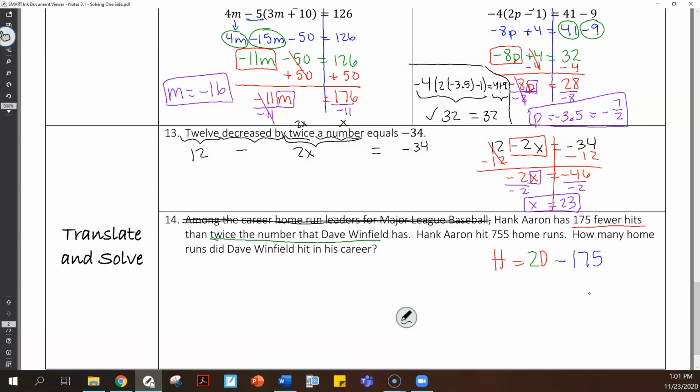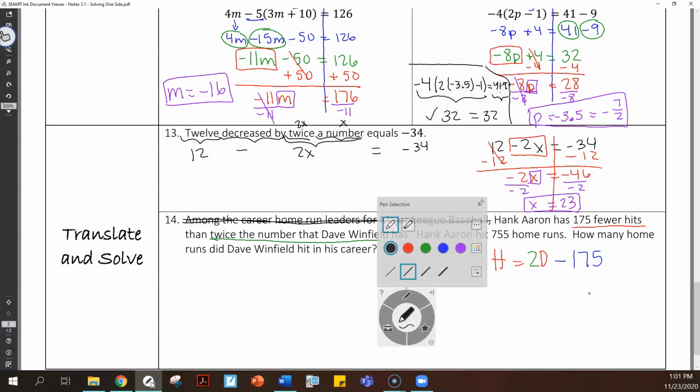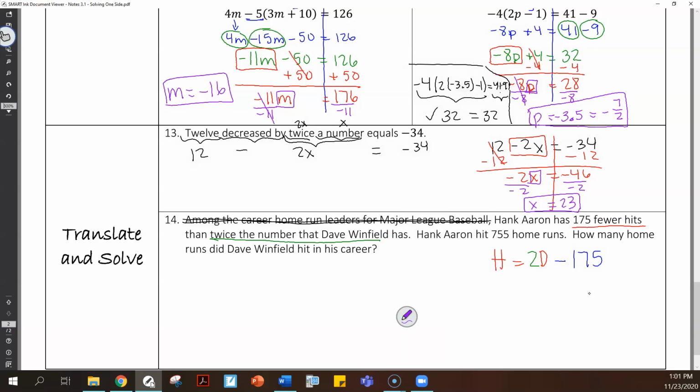Okay. So Hank has 175 fewer than twice of what Dave had. Then in the second part it says Hank Aaron hit 775 home runs. So now I know what H is. 775 equals twice of what Dave had minus 175. How many home runs did Dave hit? So I'm trying to figure out what D is.